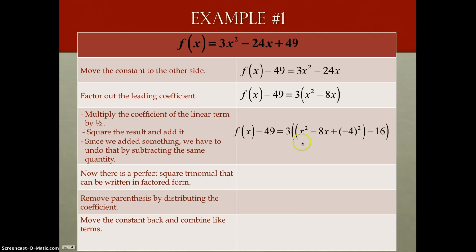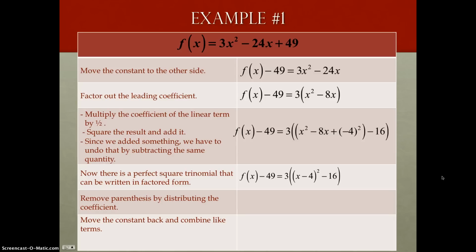So now we have a perfect square trinomial, x squared minus 8x plus negative 4 squared. So we can write that as (x minus 4) quantity squared. And the 3 came along for the ride, the negative 16 came along, negative 49 came along, so all we did was transform this into factored form.